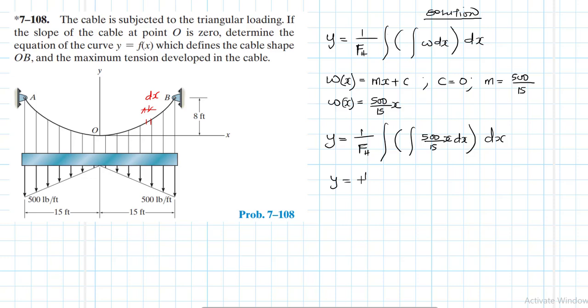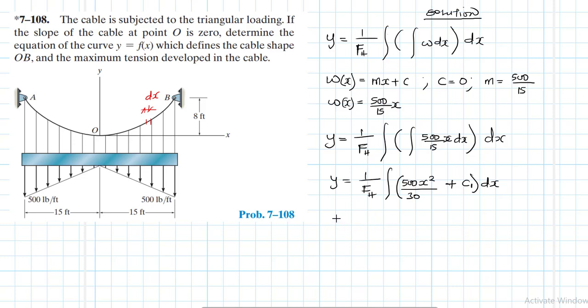So y is going to be equal to 1 over FH. If we integrate this one, we are going to have 500 x squared divided by 2 times 15, which is 30, plus c1, because this is an indefinite integral, we have the constants there, then dx.